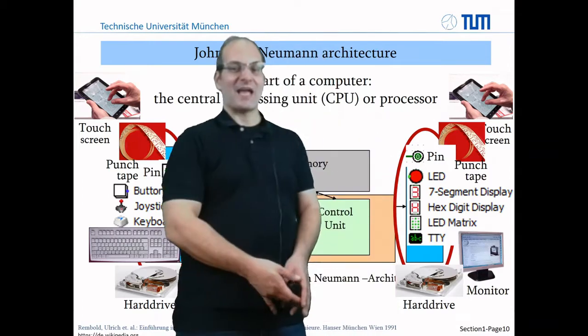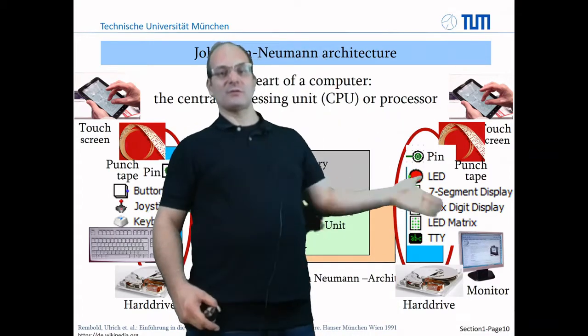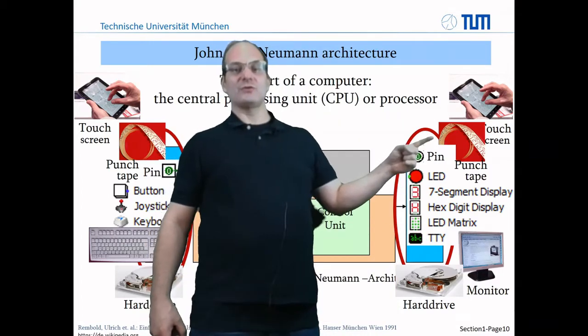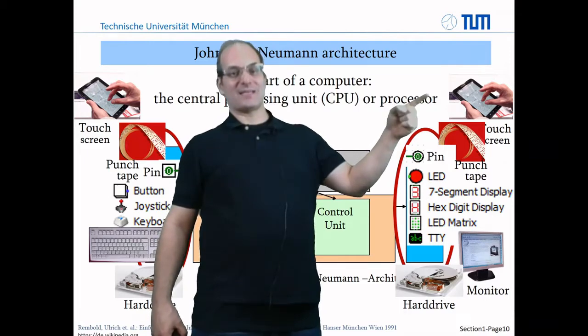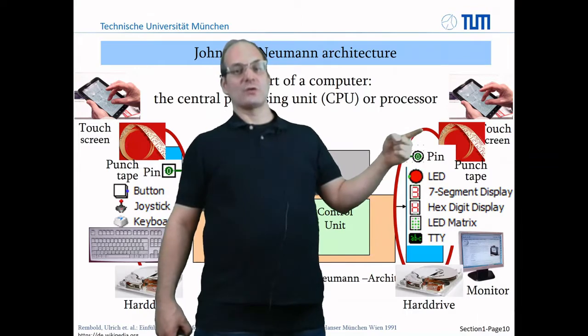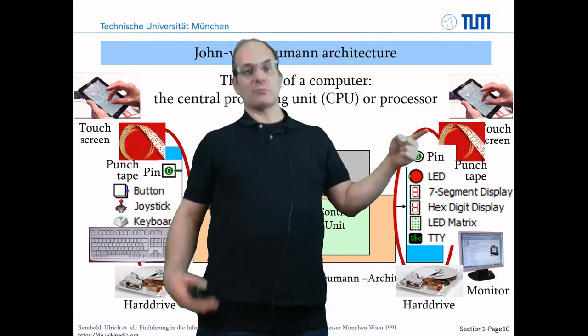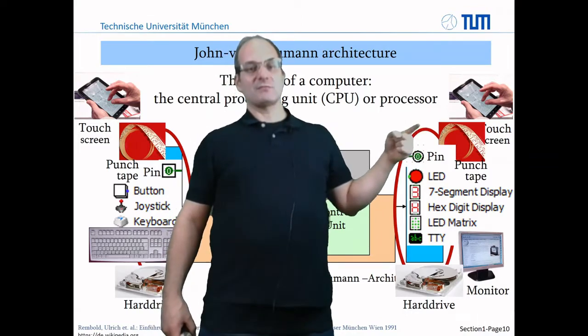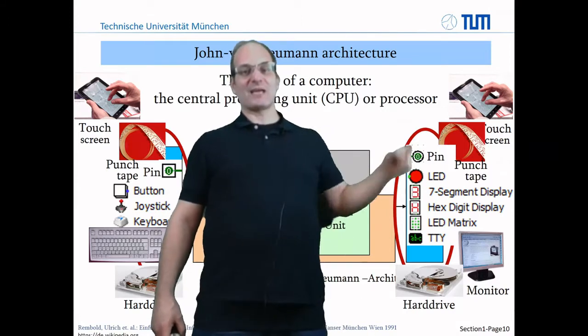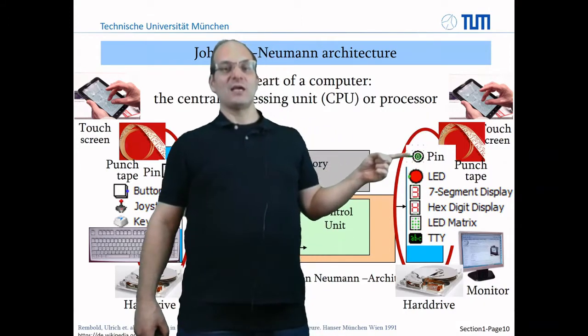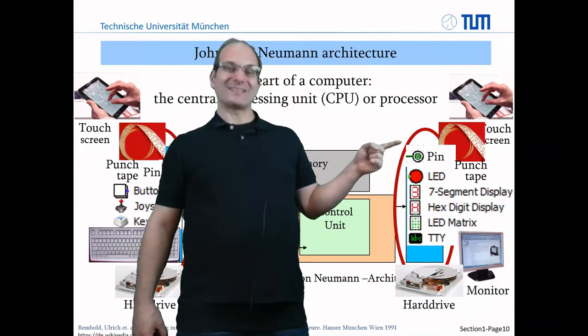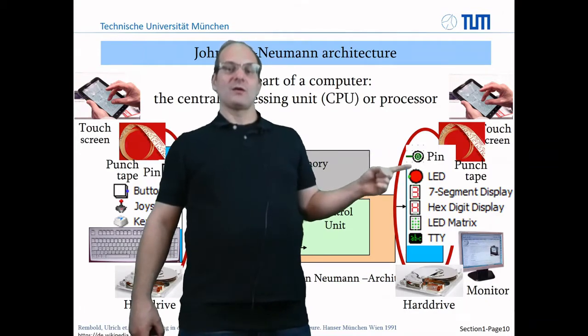And on the other hand, you have the same stuff on the output. So you can use, of course, as said, the screen of the touch screen. You can use punch cards or punch tapes so that the result is written again on such a thing, or you can just highlight or set an LED, things like that.